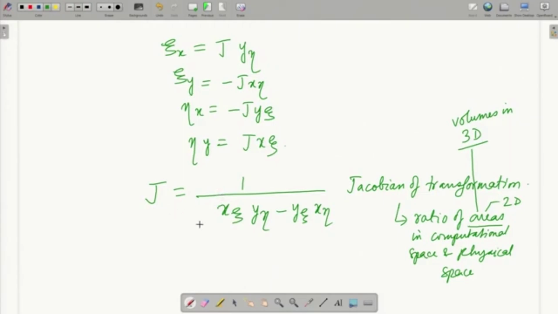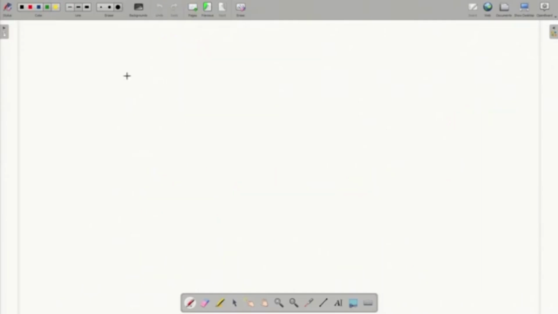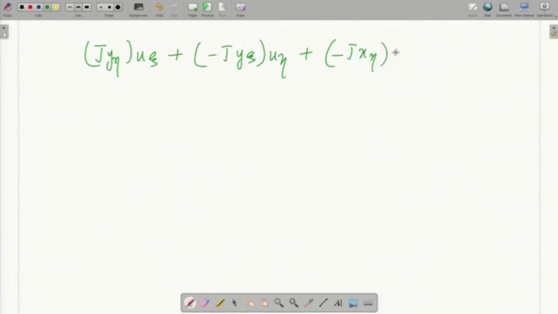Now, it is apparent that if you revisit the continuity equation, the transformed continuity equation, you can now write it like this.